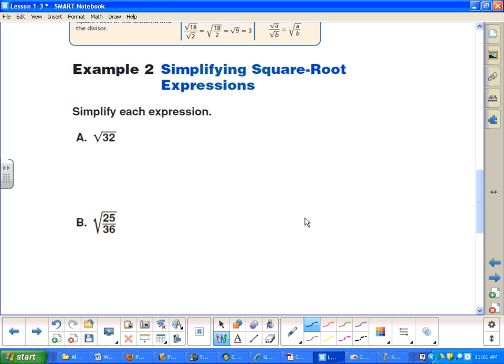So I can rewrite this as the square root of 16 times the square root of 2, and since the square root of 16 is 4, 4 times the square root of 2. Okay, so just a little quick review for us.